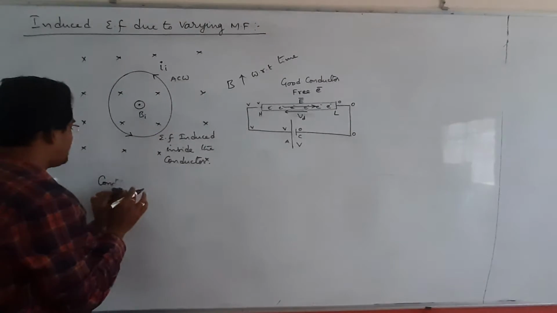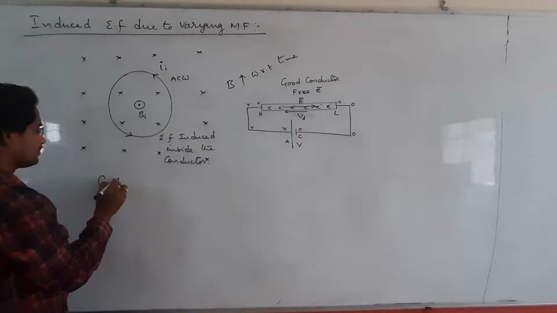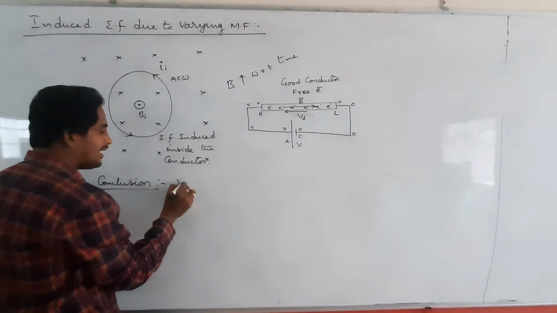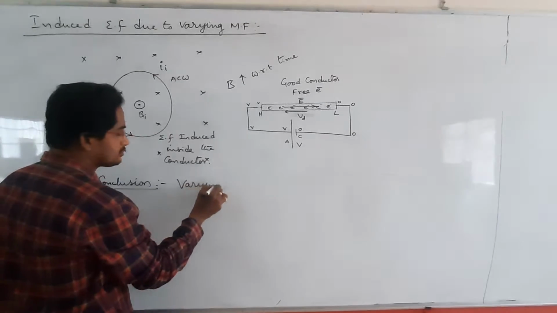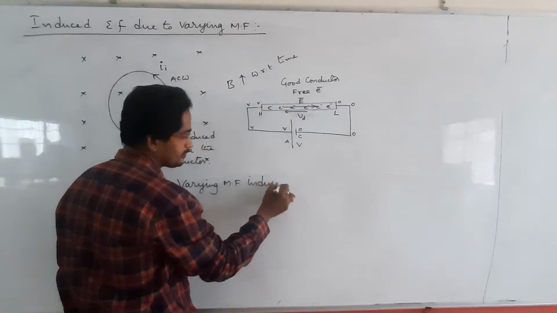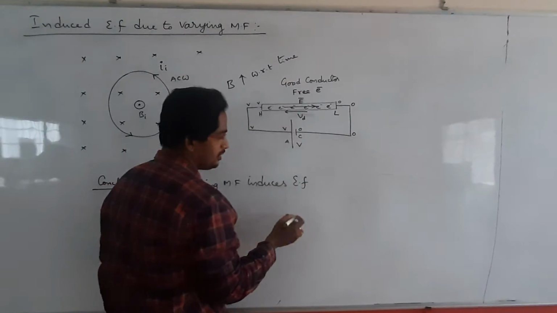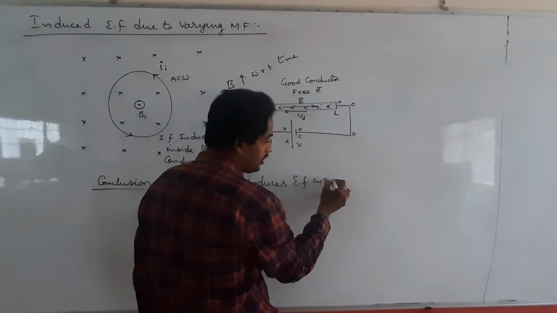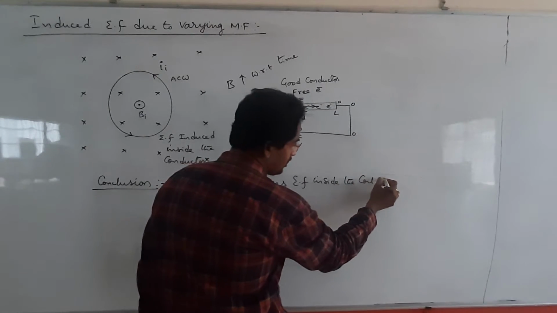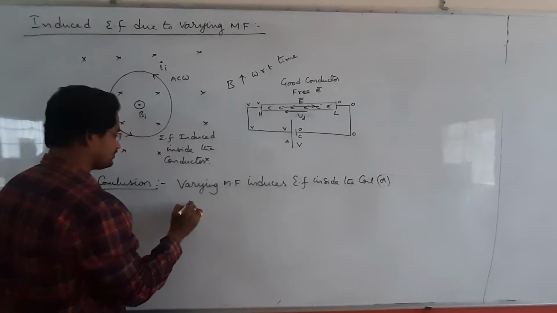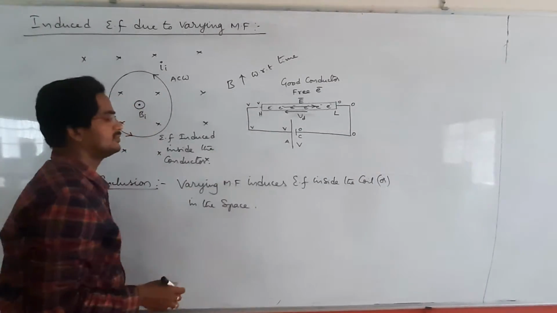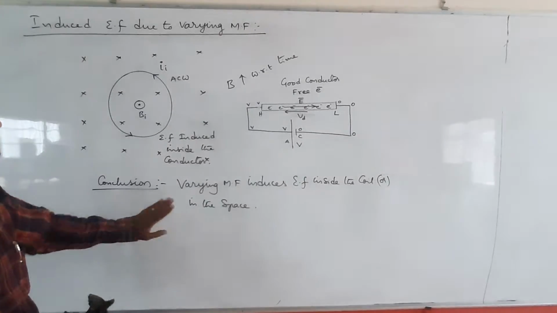The conclusion here is: a varying magnetic field induces an electric field inside the coil or in the space.